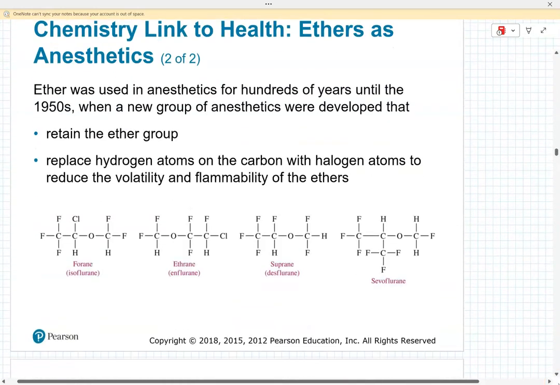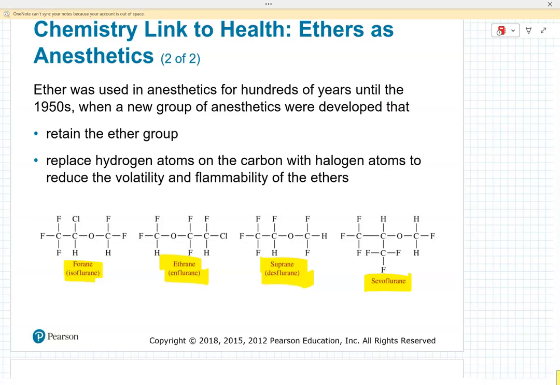So eventually they were replaced by these chemicals, which we also don't use a lot anymore. We use, for the most part, nitrous oxide, N2O, the laughing gas.